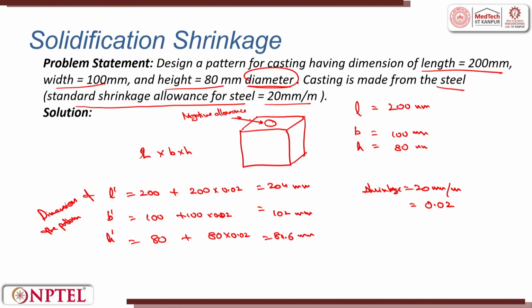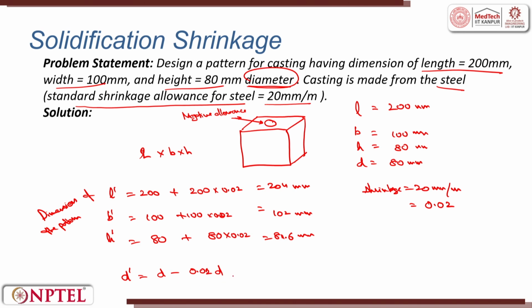Here, suppose d dash is to be calculated, so this would be d minus 0.02 into d. So I am subtracting this. If the given diameter is 80 millimeters, I will put d equal to 80 millimeters.